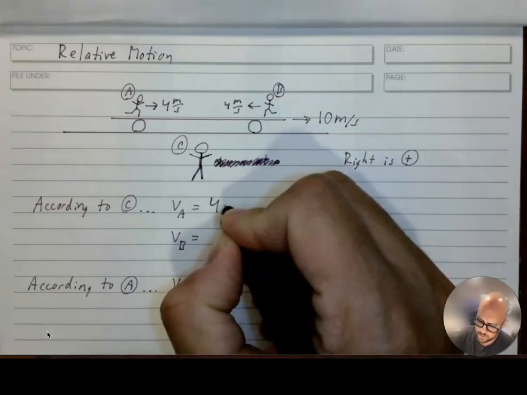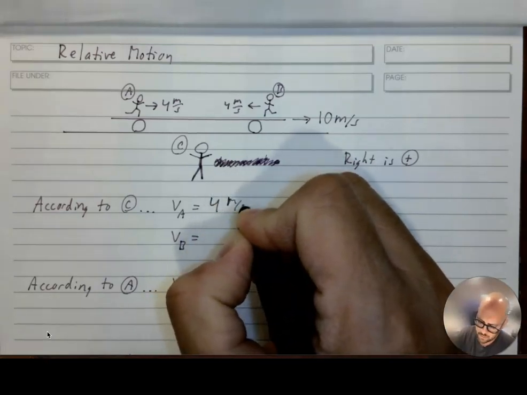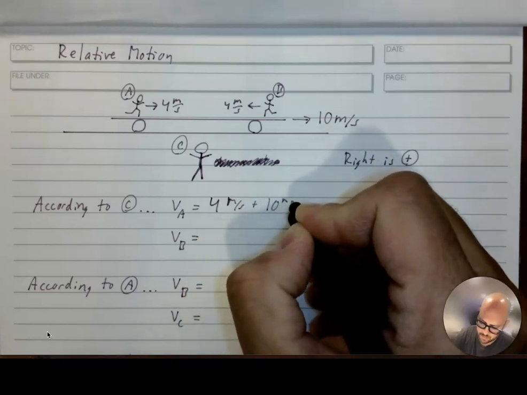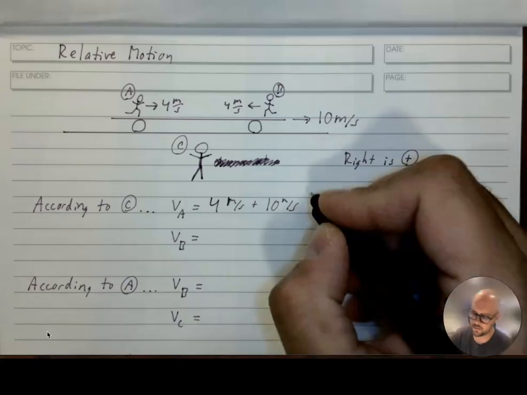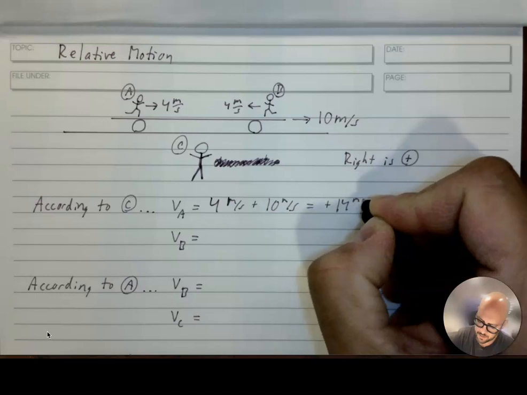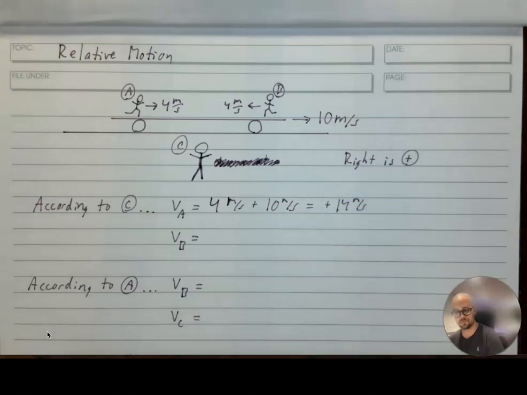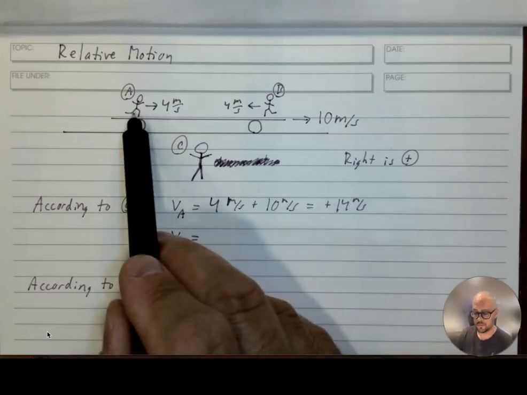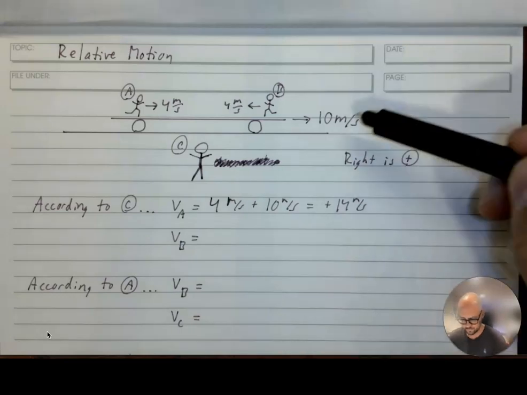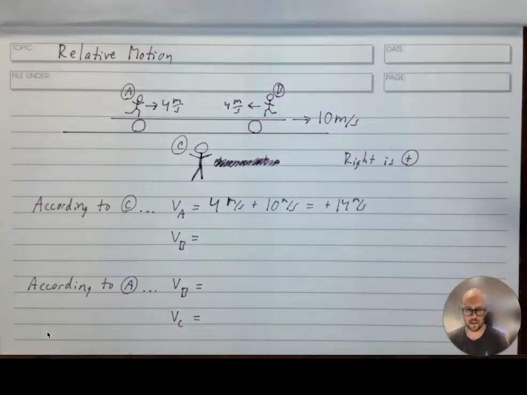So the person's velocity plus the platform's velocity gives us a velocity of 14 meters per second to the right. So relative to the ground, person A is moving 14 meters per second to the right because they're on that moving platform and they're moving on top of the platform.